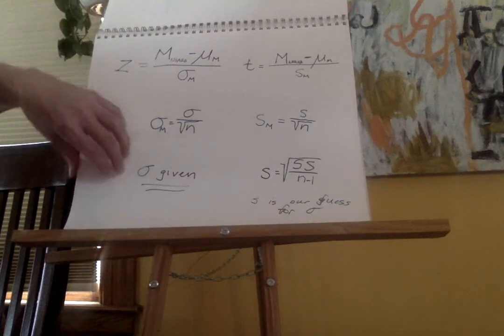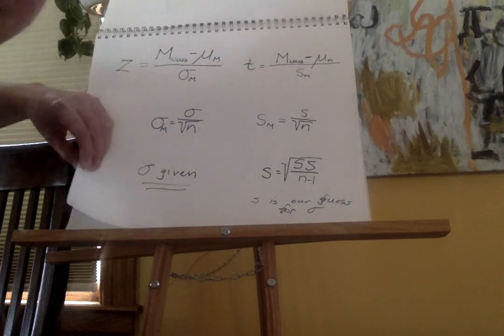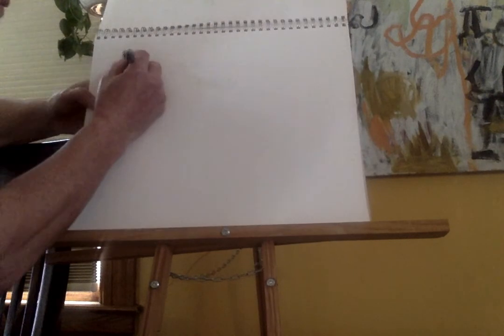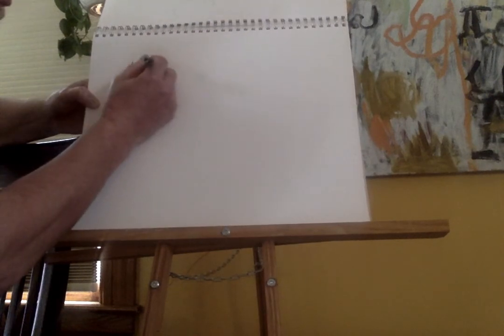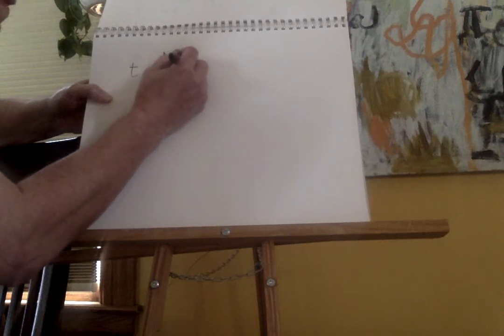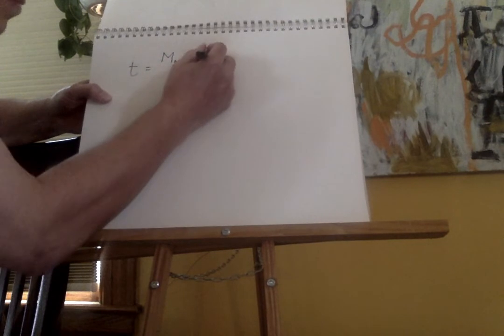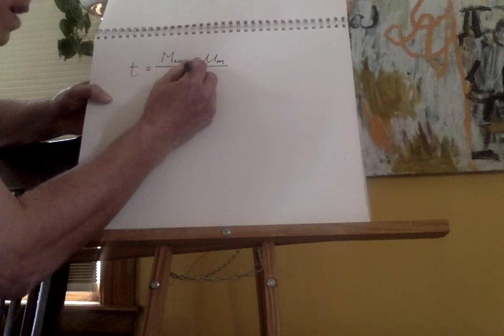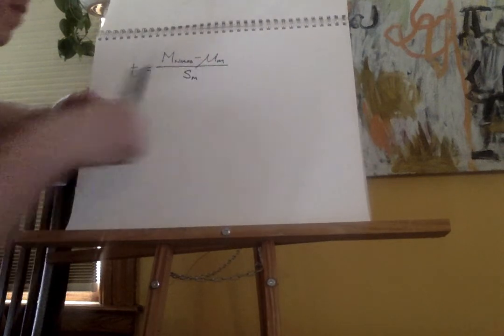All right, so let's finish the problem now. So now we have a t value, which is my NSAID sample compared to what we usually see, divided by S sub m, okay?